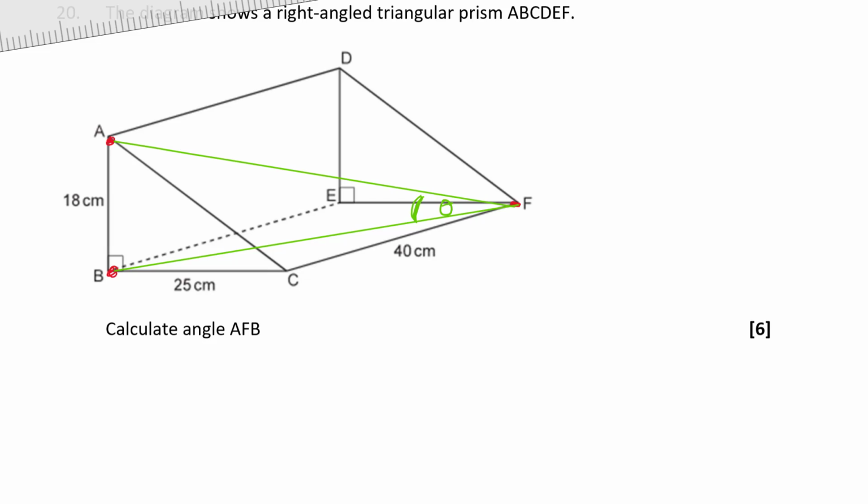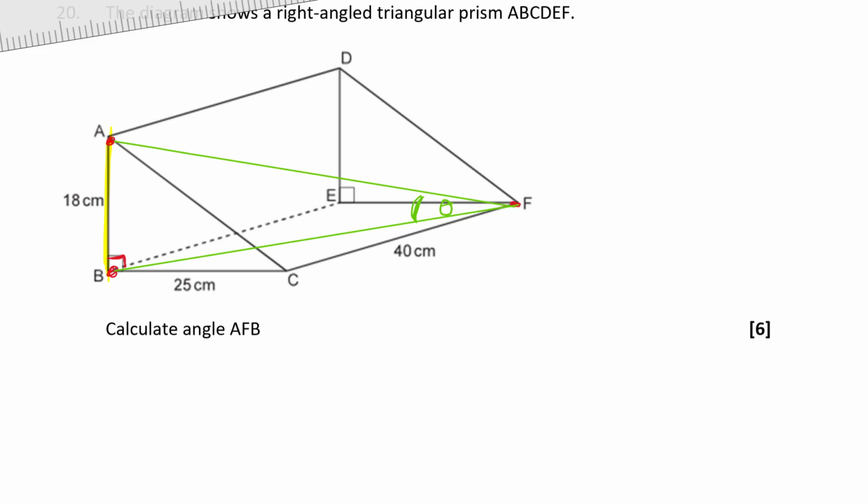In order to find that angle, I'm going to need to know two things in triangle ABF. At the moment, I know one thing: this side here is 18. I also know it's a right angled triangle, with a right angle down here, but I need to know one other thing if I'm going to use trigonometry to find that angle theta in the bottom corner.